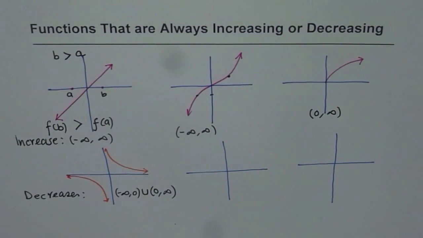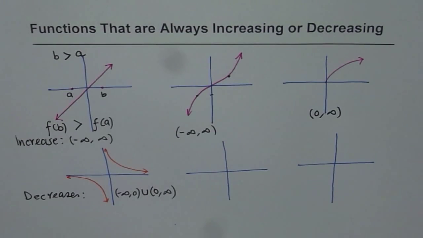Correct? So that is the duration during which this particular function is always decreasing. Amongst the parent functions we have learned so far, in fact, this is the only function which is always decreasing.